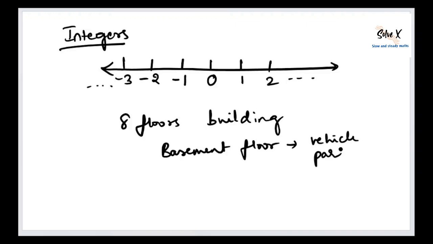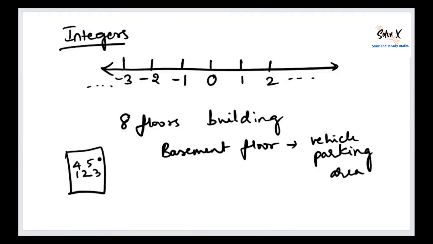This is a parking area. So when you enter the lift, in the lift there is 1, 2, 3, 4, 5, 6, 7, 8. Correct? Then there is 0 for the ground floor and for the basement there is -1.